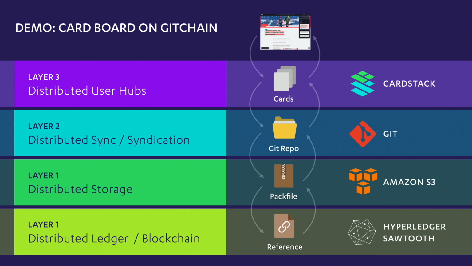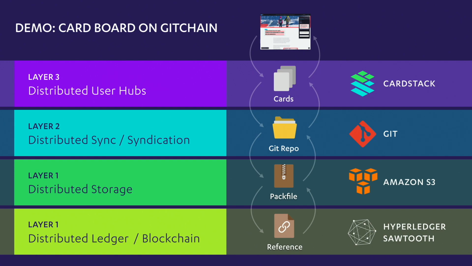The pointer to that pack file is synchronized on Hyperledger Sawtooth, so the information is on chain, but there's an off-chain reference to the distributed storage that recreates the entire repository in your Git repository. Cardstack is an application framework designed to work with Git because we want to build a framework that integrates with blockchain, and Git is kind of like a blockchain. You can learn more about that in my other video.